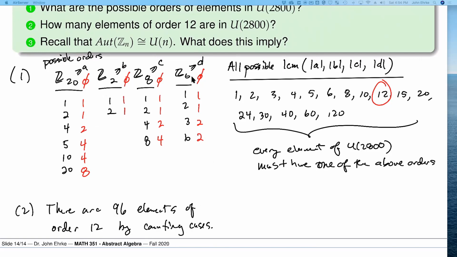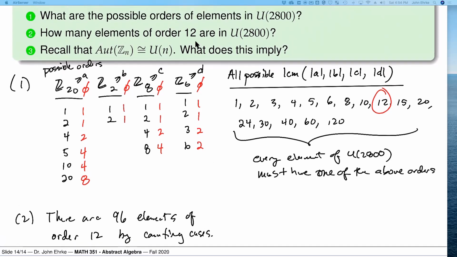And then finally, I want to make you recall a pretty obscure result from chapter 6. It says the group of automorphisms on Zn is isomorphic to the U groups.